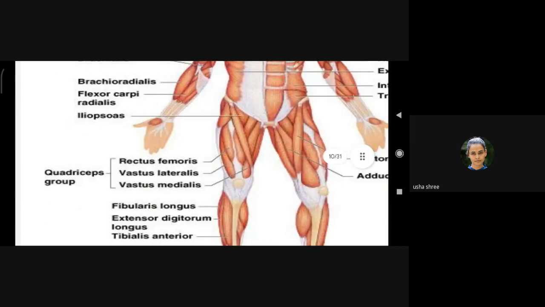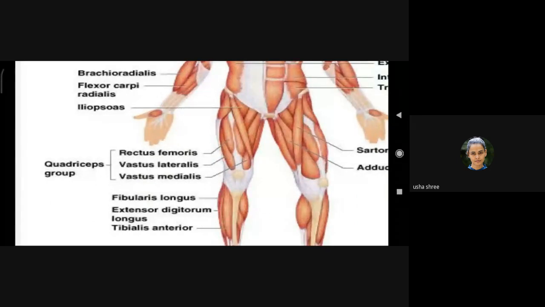And you can see here the quadriceps group in the thigh region.